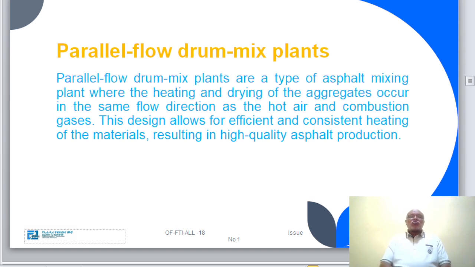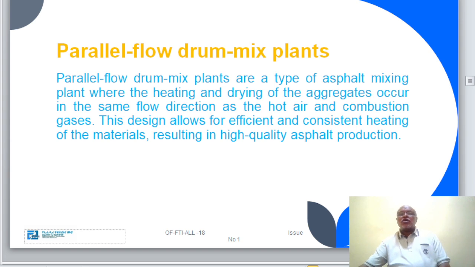The wet aggregate is fed to the rotating drum where it is mixed with the bitumen, and the asphalt is conveyed to the thermally insulated storage bin before being loaded to the truck. The reclaimed asphalt, if used, is added to the drum mixer after the first half of its length.